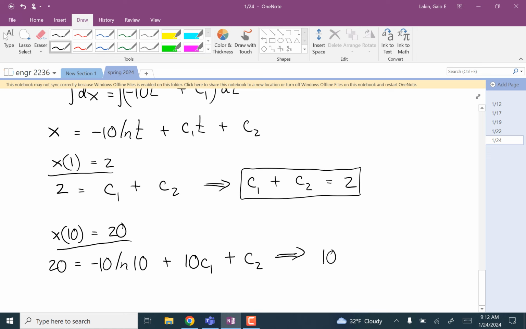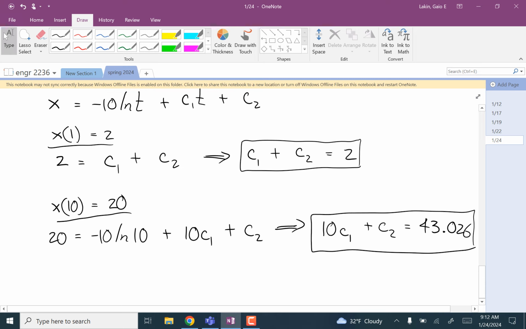Okay, so the second one says 10C1 plus C2 is equal to, sorry, say that again? 43. All right, do you want me to subtract the 20? Yeah, 20 plus 10 natural log of 10. 43.026. Okay.